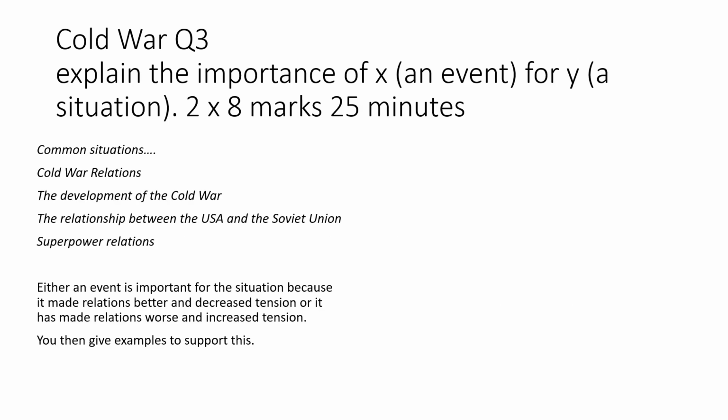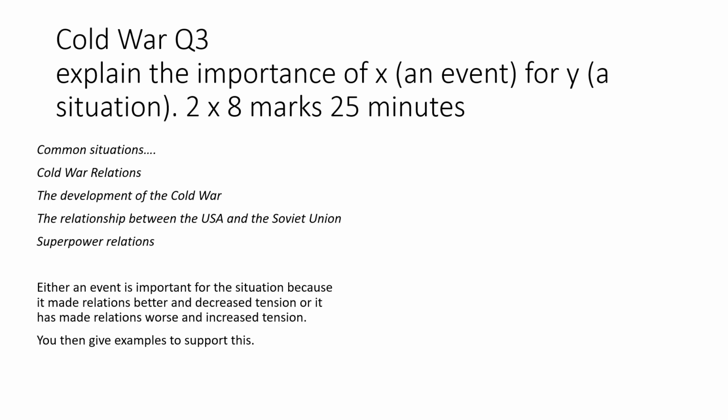And then we come to the last part of your Cold War paper. You are going to have to explain the importance of an event for a situation. And when we're talking about importance of an event, what we're really talking about is how an event changes a situation. And you're going to have to do that twice.